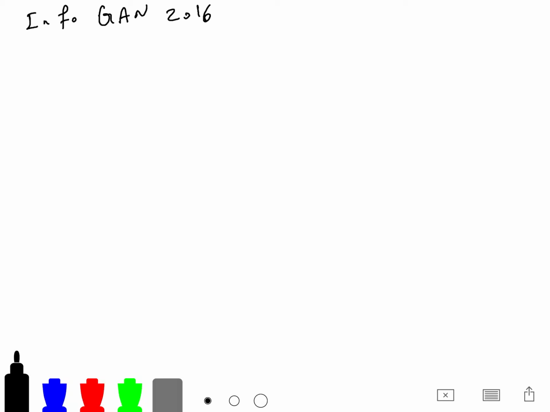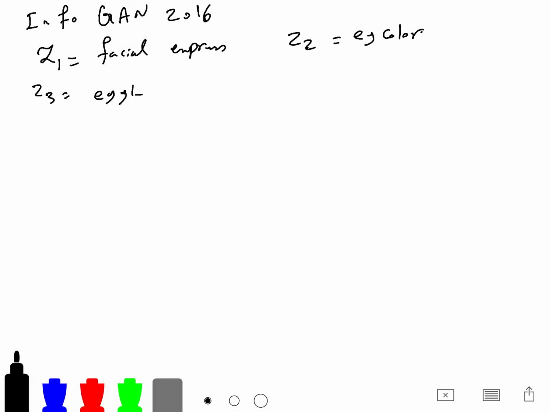For example, a disentangled representation: Z1 could be facial expression, Z2 could be eye color, Z3 could be absence of eyeglasses, Z4 could be identity of a person, Z5, for example, aging, anything you imagine.